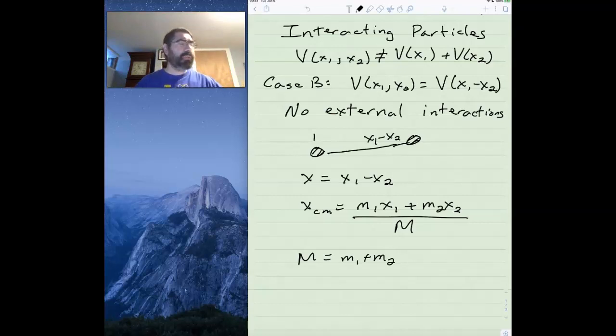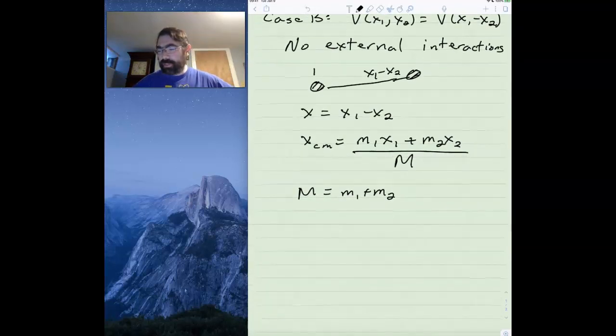Essentially what we're doing is we're not losing any information, right? We start with two coordinates, x1 and x2, and we're just changing them into a more convenient coordinate system of what's called the relative position x and the center of mass position x_cm.